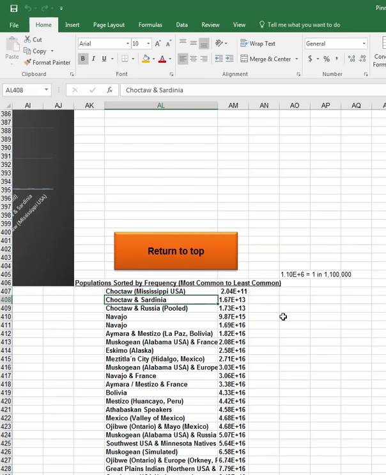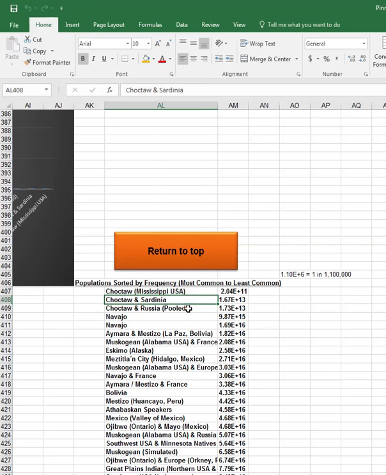And this Sardinia match could be more recent, but I think it probably shows a genetic contribution to the Choctaw from long ago, from the conquistadors, from the Mediterranean region, both to the southeastern United States when the conquistadors came there, and also through Mexico, because we know that a lot of that occurred through that route as well.